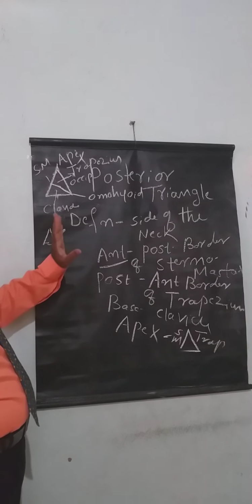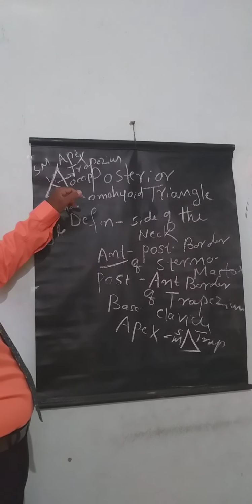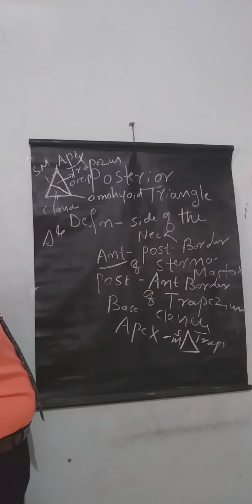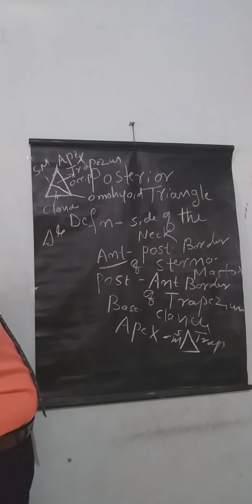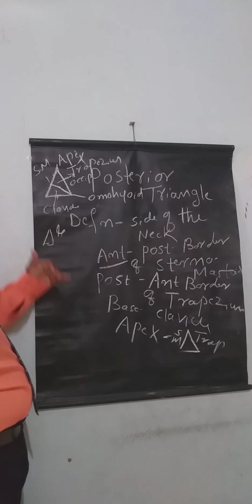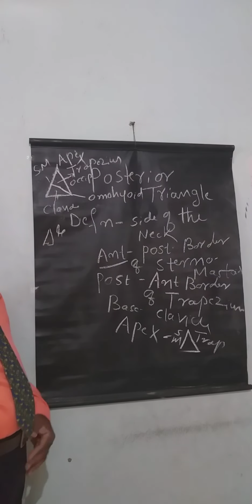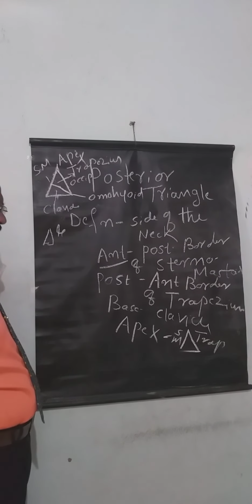It has been bifurcated by the omohyoid muscle. The larger part is the occipital triangle. The smaller lower part is called the subclavian or supraclavicular triangle.